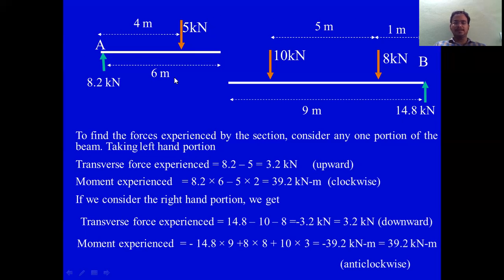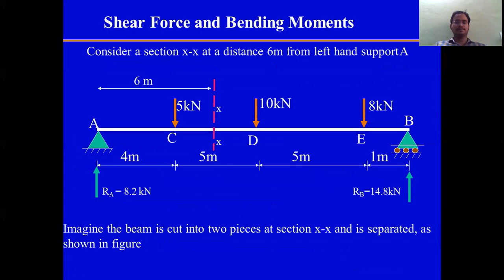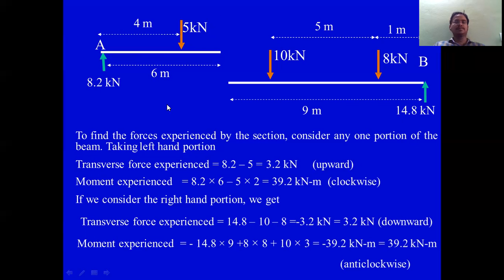You should consider that the sectioning is taken at 6 meters, so that's why we are considering this distance. This distance is 2 meters. So you can find the moment at this section as 8.2 kilonewton into 6.